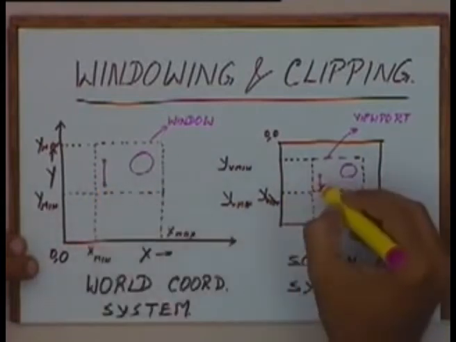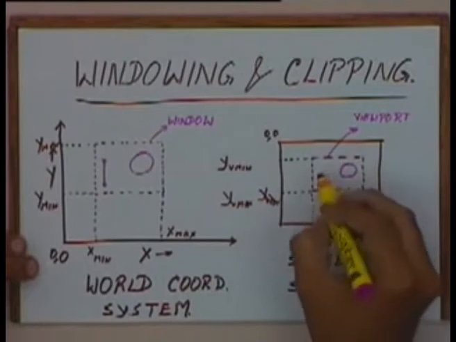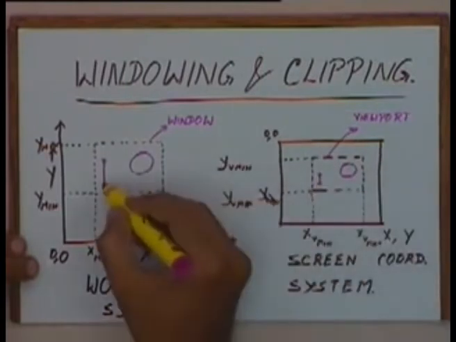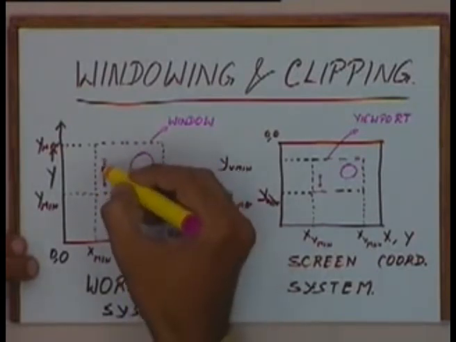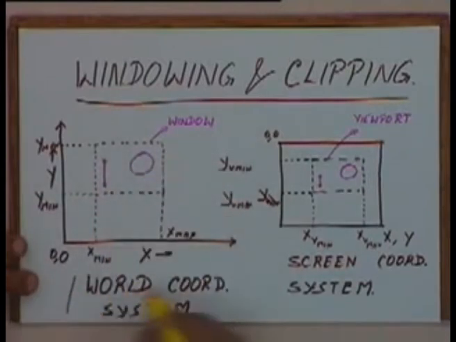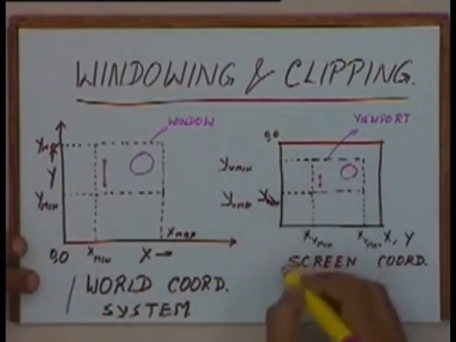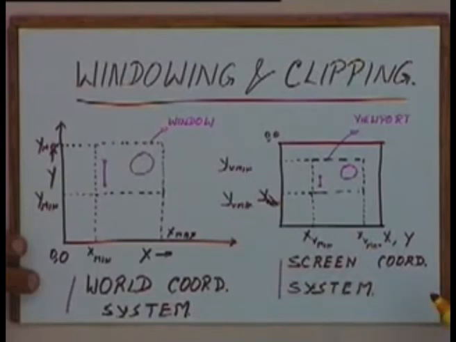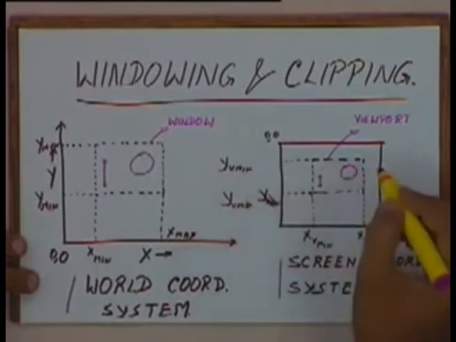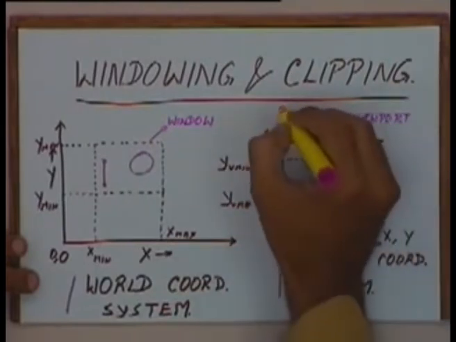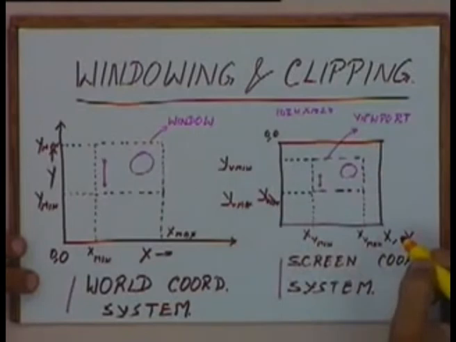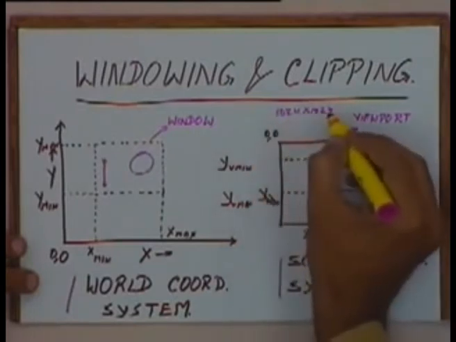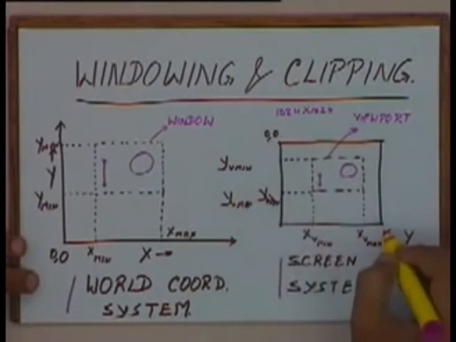When this line is displayed here, its size as well as its coordinates will be very different from the size and the coordinates over here. These coordinates are in what are termed as the world coordinate system. These coordinates will be in the screen coordinate system. Typically, let us say if your screen has a resolution of 1024 cross 1024, then these coordinates will be in this range between 0 and 1023.